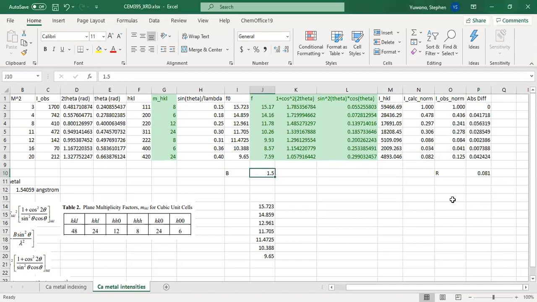Now, if you see, I can play with this and I can make it bigger or smaller, right? And of course, you can see here, for example, if I start from 1.5, I go to 2, my R value is getting smaller, but if I increase it to 3, oh, it's getting bigger again.